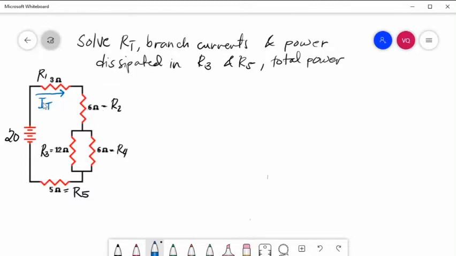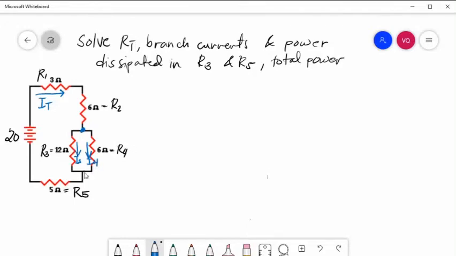Since R1 and R2 are in series, the same current flows in this branch, and then your total current will divide into these two branches which are R3 and R4. So current flowing in R3 is I3 and this one is I4.